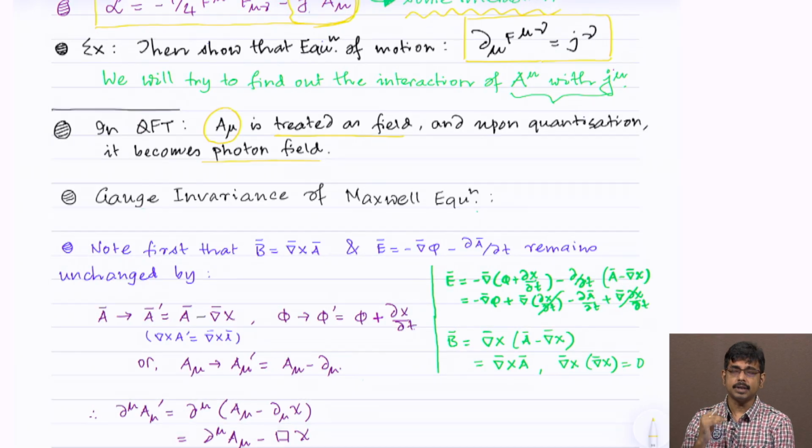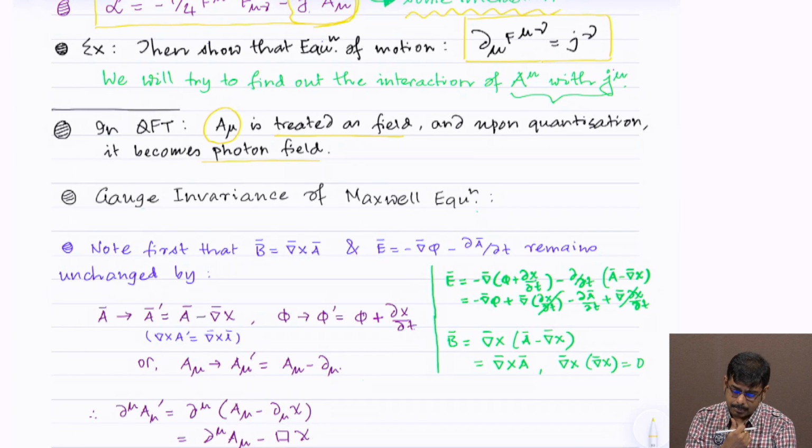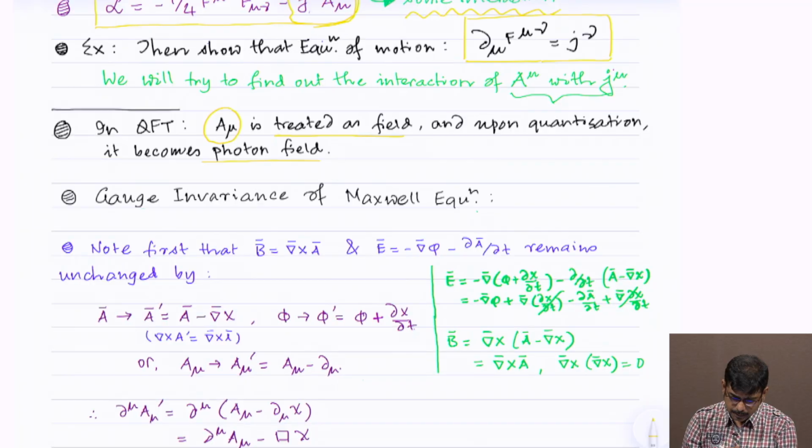Now let us get into something interesting, and talk about gauge invariance of Maxwell's equations. What is gauge invariance? This terminology says that you have some kind of freedom in choosing your fields. What kind of freedom can we have?